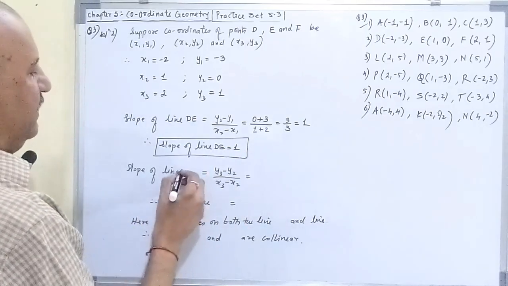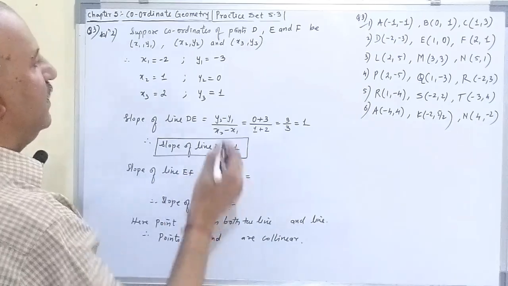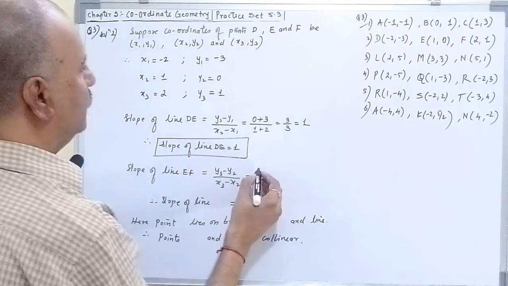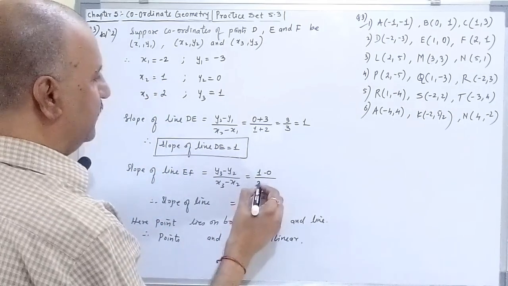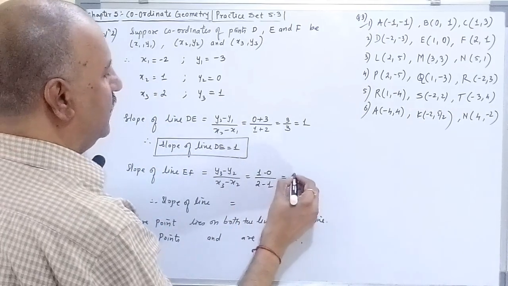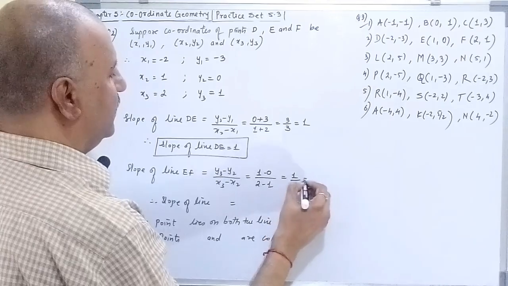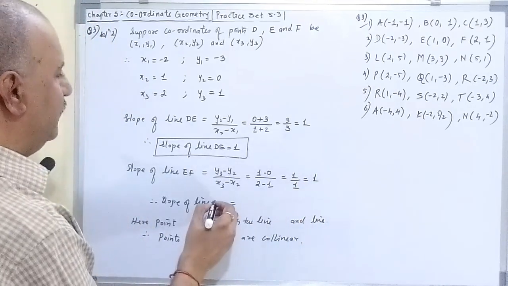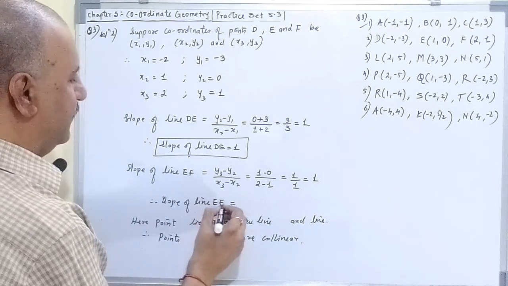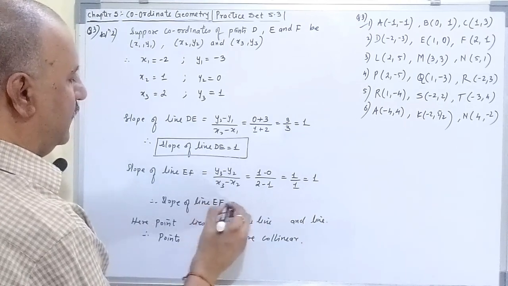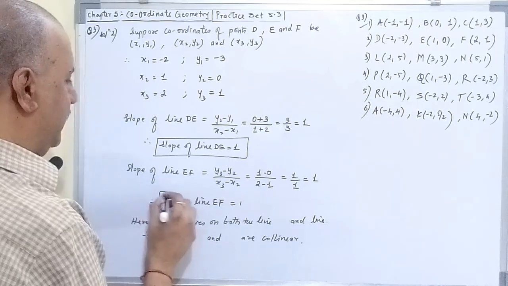Now slope of line EF. For EF, y3 minus y2, so 1 minus 0, 2 minus 1. This is also 1 upon 1, that is 1. Slope of line EF is equal to 1.